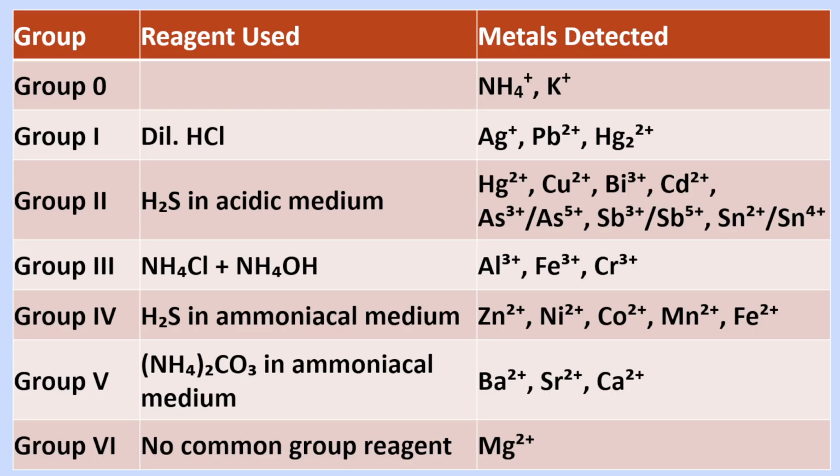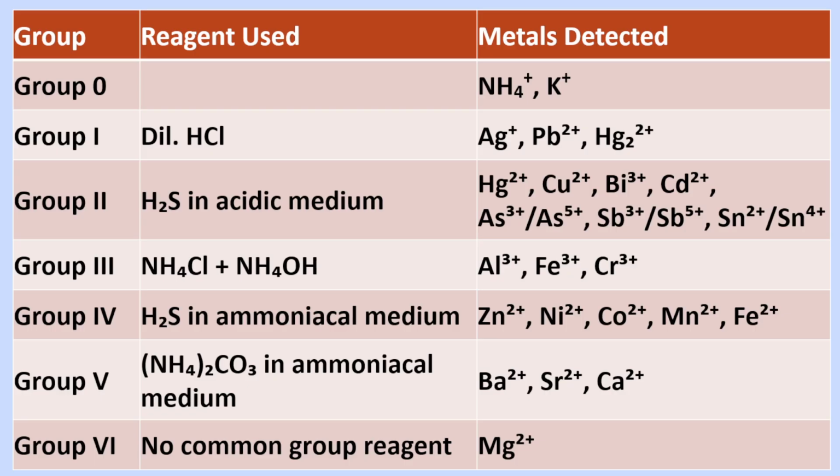In case of group 4, we again use hydrogen sulfide, but this time we use an alkaline medium by the addition of ammonia gas or ammonium hydroxide solution. This group identifies zinc, nickel, cobalt, manganese and iron. In case of group 5, we use ammonium carbonate in an ammoniacal medium.